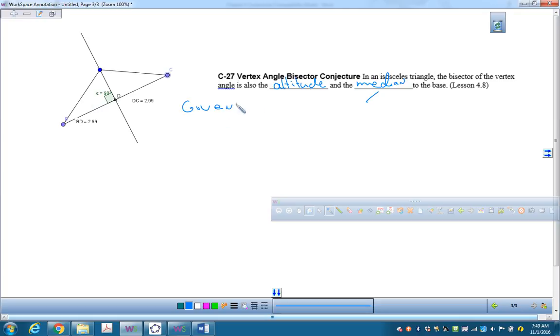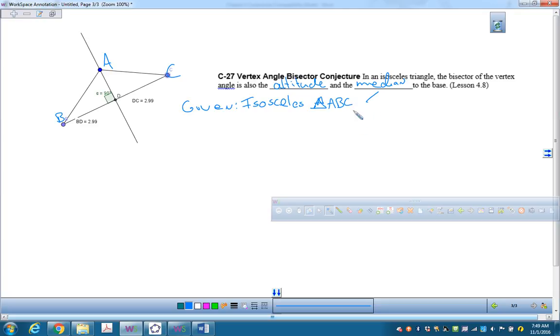Okay, so you're given isosceles triangle. Isosceles triangle, we'll call it, what letter is that? I can't see. A, B, we'll call this A, okay? A, B, C, okay? Isosceles triangle ABC.